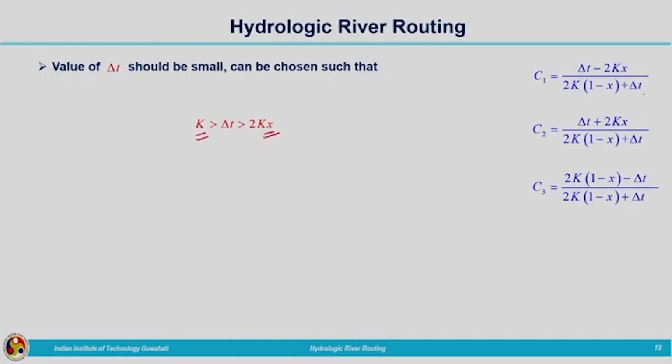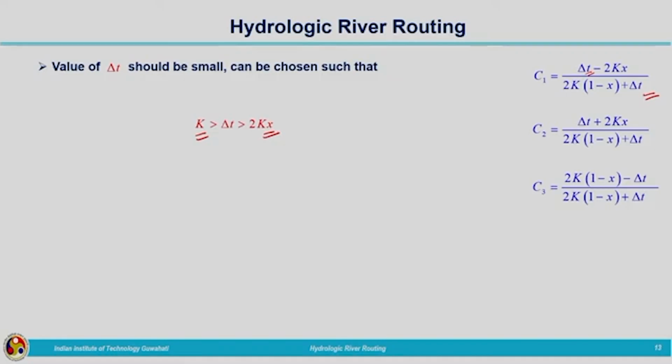Look at this equation: C1 is equal to delta t minus 2kx in the numerator, divided by 2k(1 - x) + delta t. So, delta t is taken in such a way that delta t - 2kx should be a positive value. We should try to make it positive.